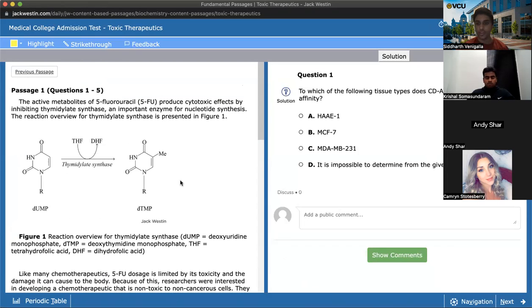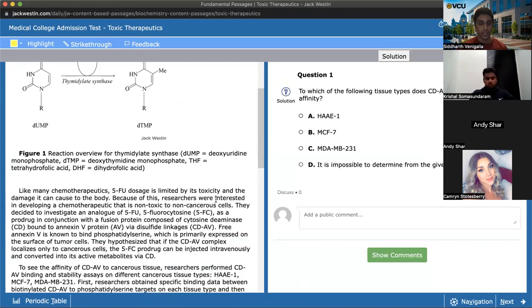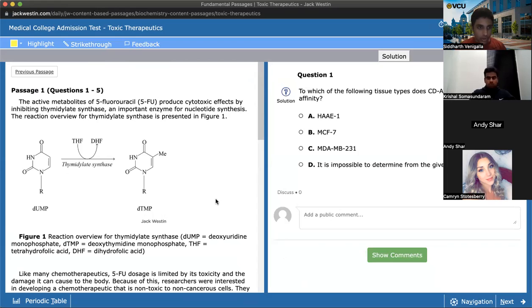Awesome. So can everyone see the screen? All right. So the passage says that the active metabolites of 5-fluorouracil produce cytotoxic effects by inhibiting thymidylate synthase, an important enzyme for nucleotide synthesis.